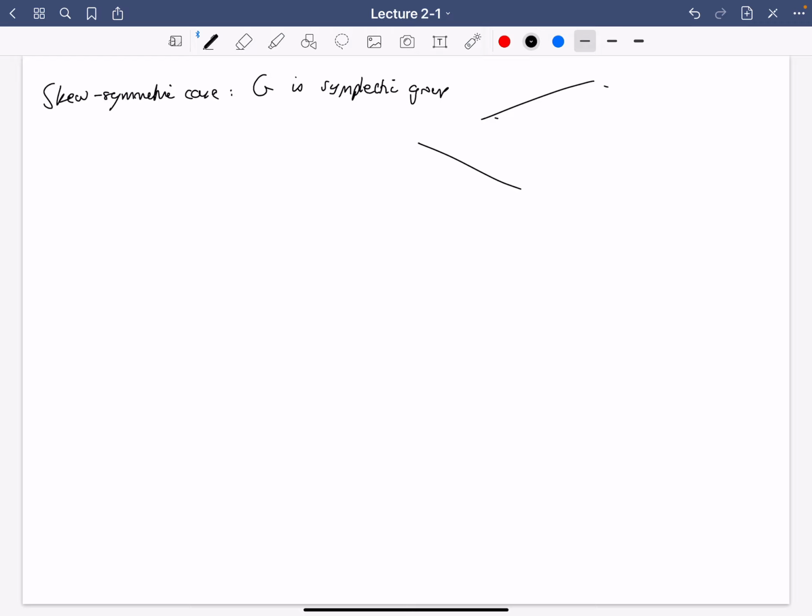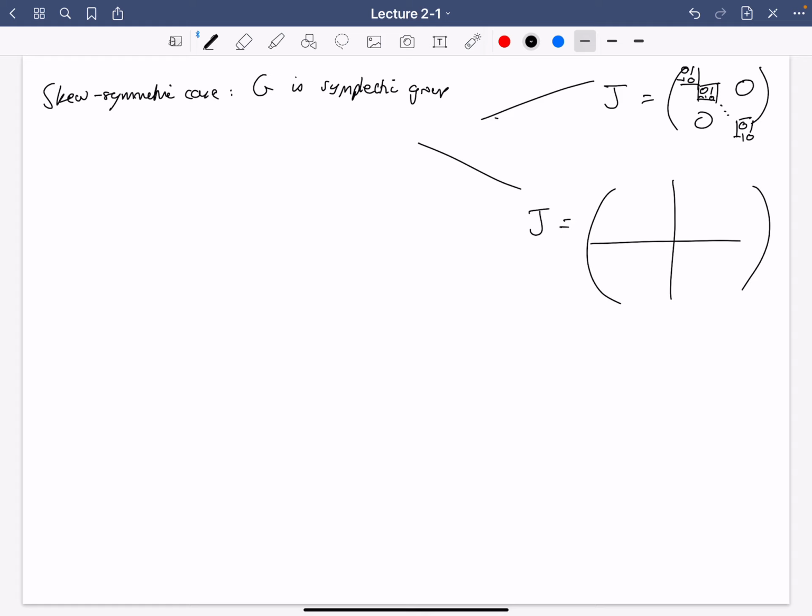Up to change of basis, there's only one non-degenerate skew-symmetric bilinear form on this 2m dimensional vector space, and many people would pick their Gram matrix so that it was these little 2 by 2 blocks, 0, 1, minus 1, 0, 0, 1, minus 1, 0, 0, 1, minus 1, 0. But I think it's much better to pick this one, where you have the skew identity in that corner, and it's minus in that corner.